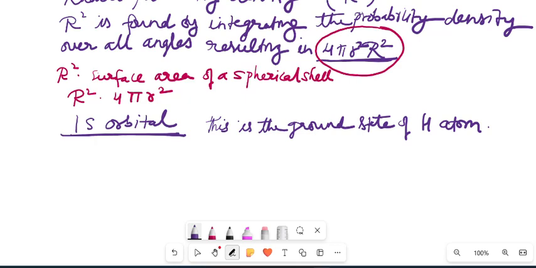The probability density is highest near the nucleus and decreases exponentially with increasing distance.